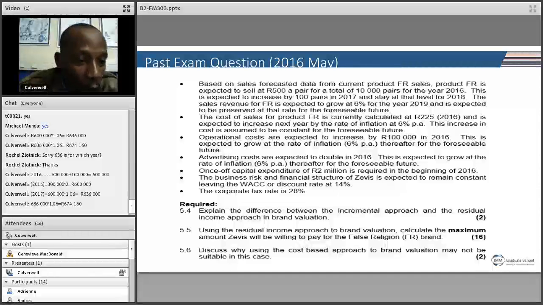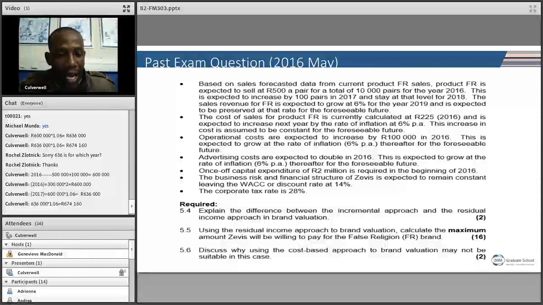So it was a coincidence that your operational cost together with your advertising cost were going to be exactly the same in year 2016, 17, and 18. The reason being we doubled advertising cost from 300 to 600. So you then subtract your operational cost from your gross profits. You get yourself your profit before tax.